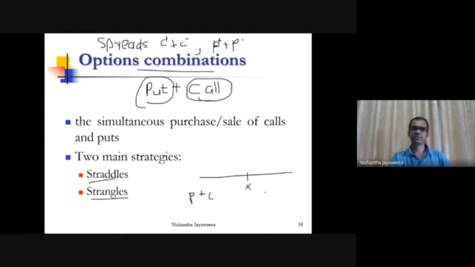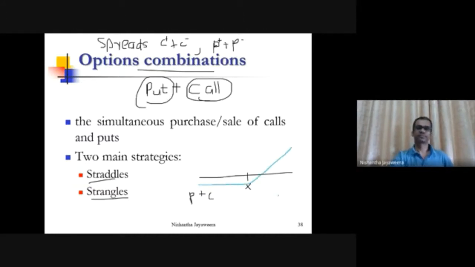Then what would happen? To buy the option, you have to pay a premium. So below the strike price on the call option, it will be a loss. Then it will go up like that. Correct? This is just the payoff of the long call.